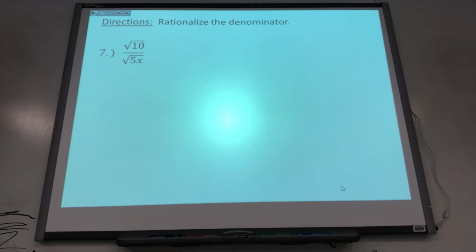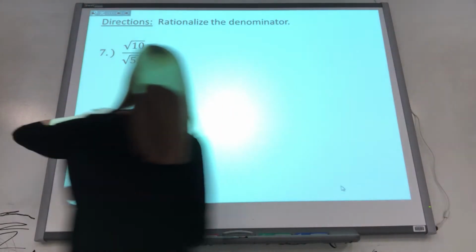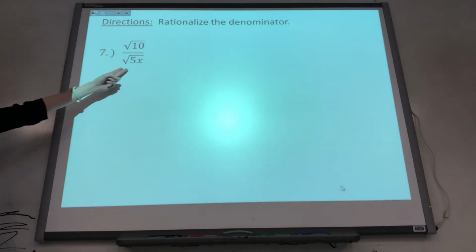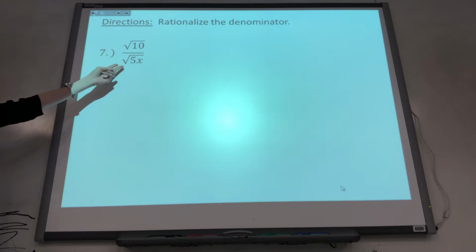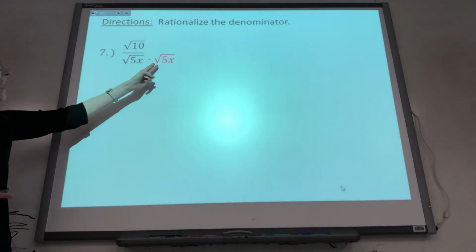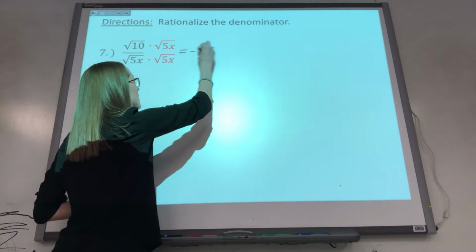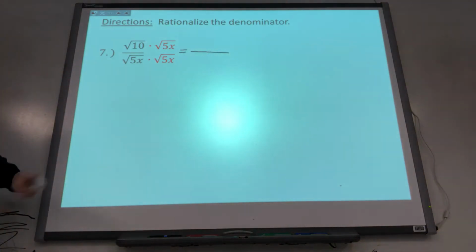We're doing some review here. This is 6.2 that we're in. Now I'm following the rule, and the rule said that when you have to rationalize with a square root on bottom, multiply by that very same square root on top and bottom. I'm going to do the bottom part first because it's the easiest part.